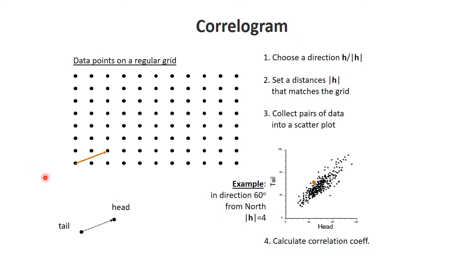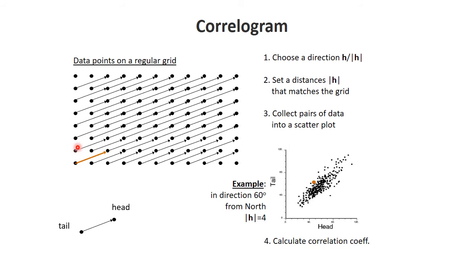Now I'm going to keep the direction the same and the lag distance the same, but I'm going to scan for more of those pairs. And that is what is done here. I create many of these pairs, and all these values become dots in this scatter plot. Then we notice something: there's correlation.